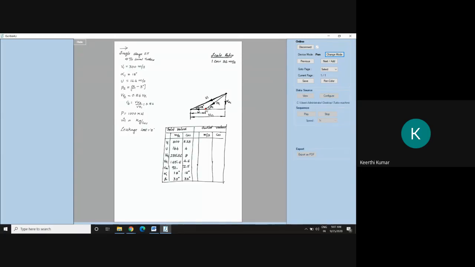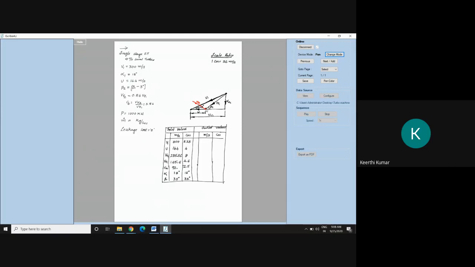But in the previous problem, what was it? Do you remember what was there in the previous problem? I changed the color just to make you understand better. So this line is called VR2, and the direction is towards downward. So that is done. All of you try to draw to the actual scale.